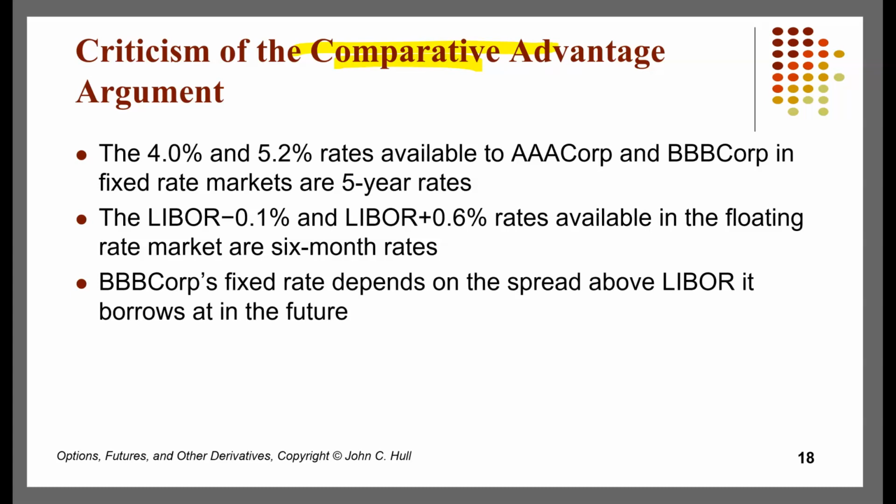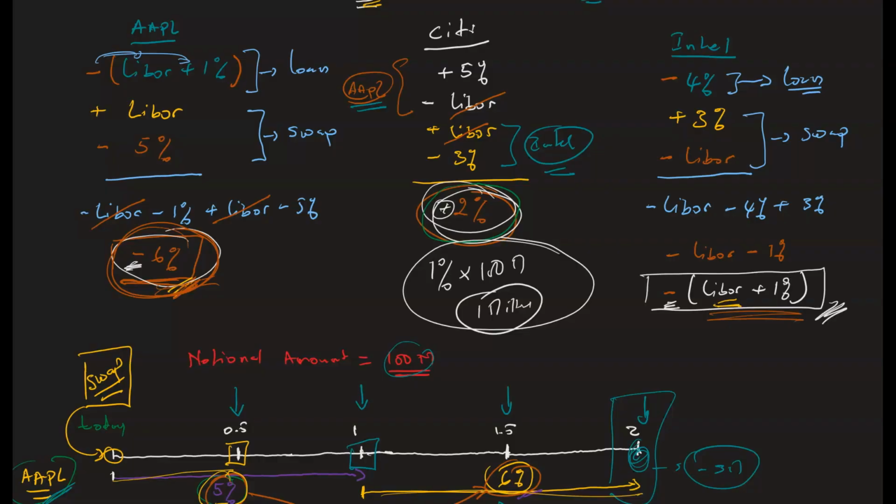Now, the criticism that the comparative advantage has gotten is essentially this idea that when you're borrowing in the fixed rate market, you're borrowing for a long period. Go back to the board here, and we're going to do that over here. All right, so in the fixed rate market, we're essentially borrowing today, and we are locking in a rate that's going to apply for the entire period. That's our fixed rate market there.